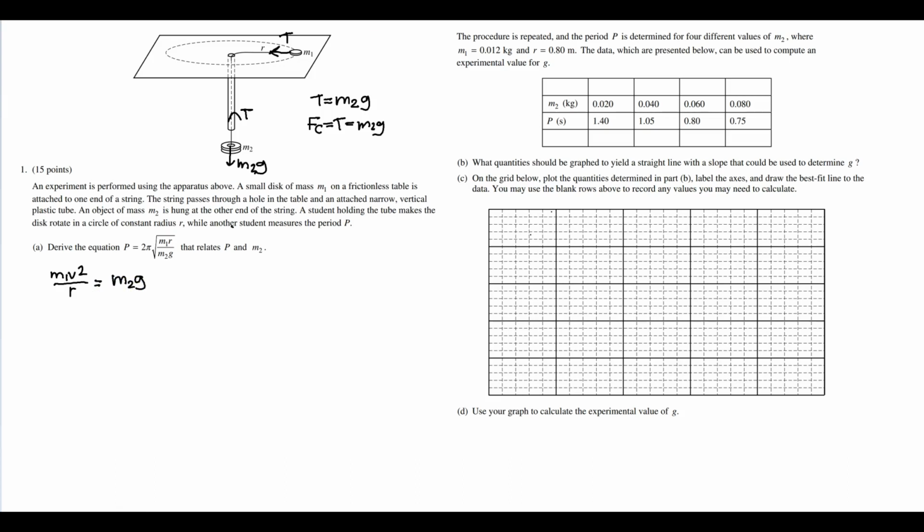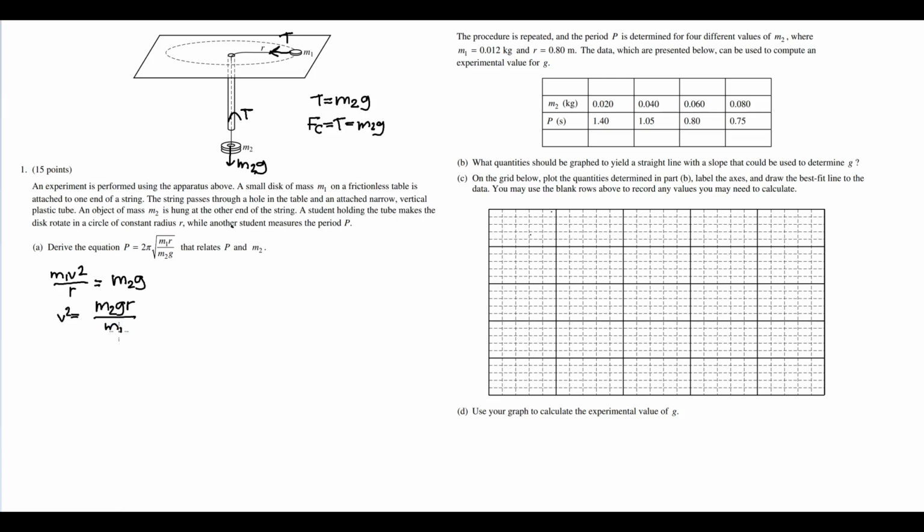So we can isolate V squared by multiplying both sides by R and dividing by M1. So V squared equals M2GR over M1.